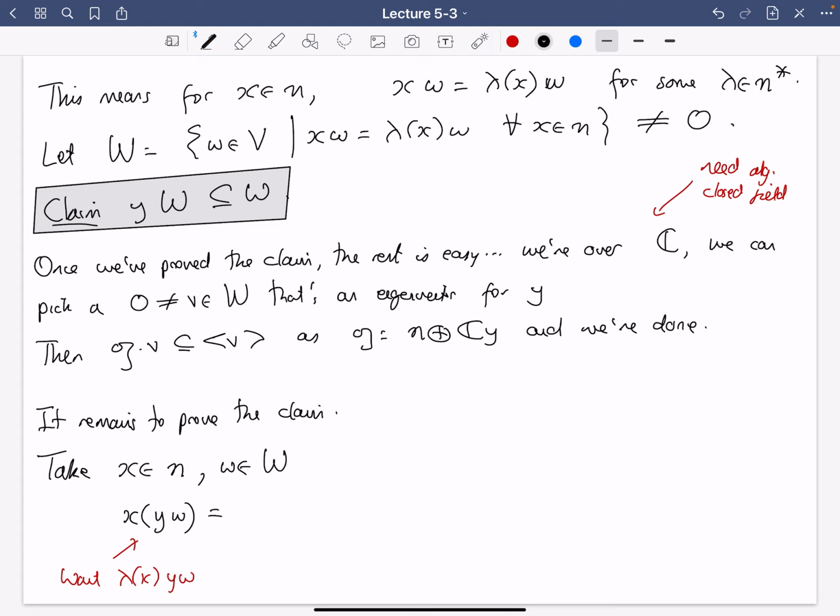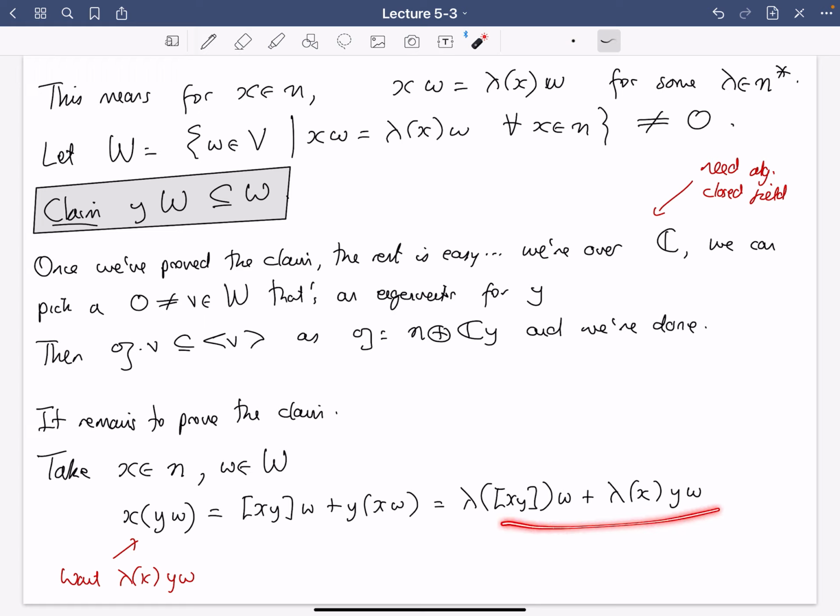But we can calculate this. This is the Lie bracket [x,y] w plus y x w by the definition of module over Lie algebra. And now [x,y], that's inside n, right? So that acts as the scalar lambda of [x,y] on w, and x acts on it as lambda of x.